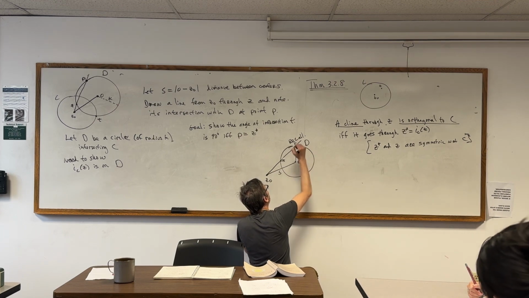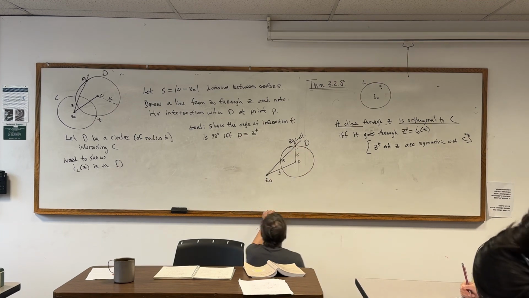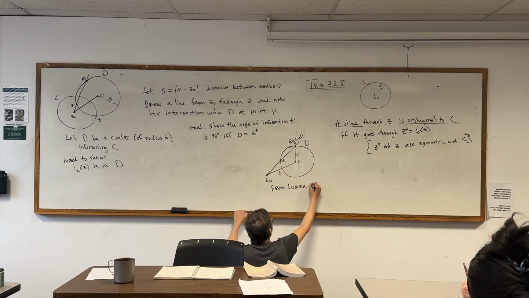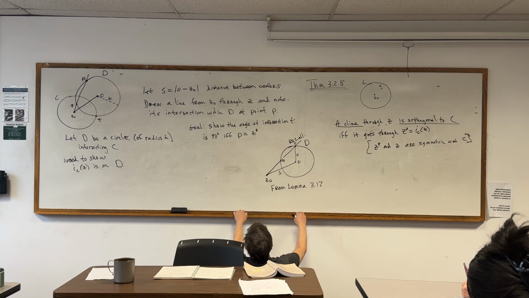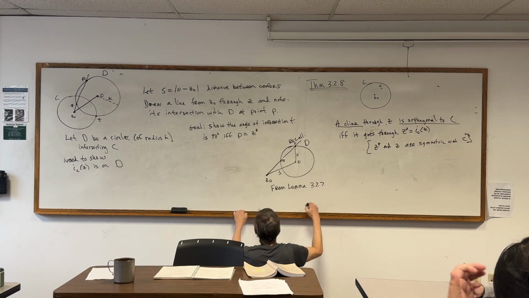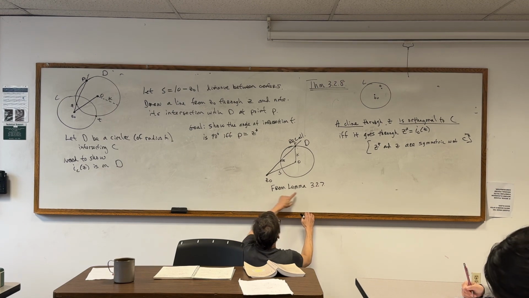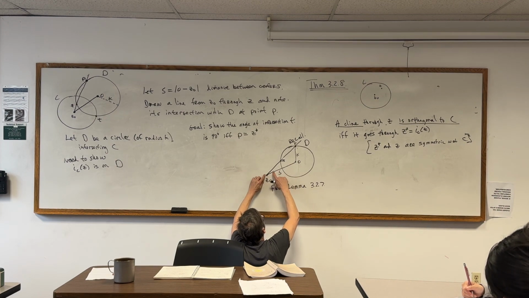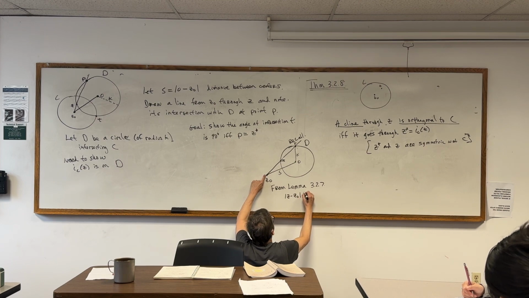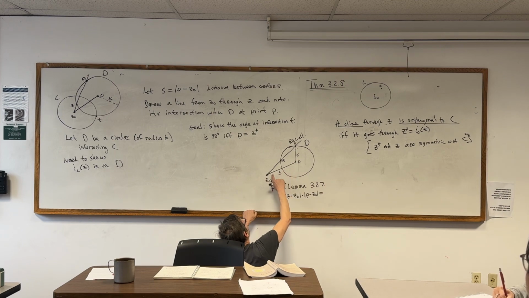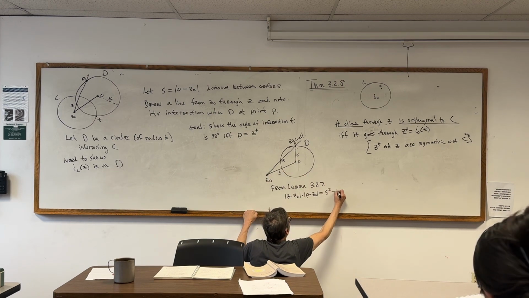And I know that the distance between these two is just the radius of the circle, so that's K. Let me label these things a little bit better. So from the lemma, whatever that was, probably 3.2.7. Is that right? Yeah. Thank you. From lemma 3.2.7, we know some things here. We know that Z minus Z naught times P minus Z naught is equal to S squared minus K squared.